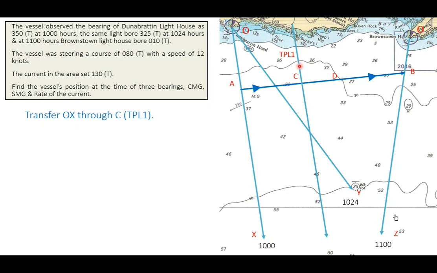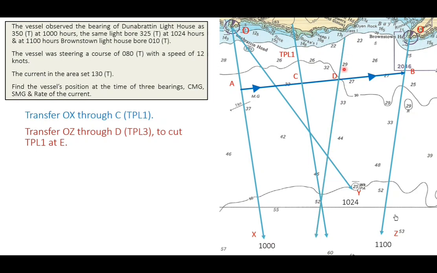Now we do the same thing with our third position line. We have to draw a line parallel to our third PL, that is OZ, which passes through point D, the Delta point. So the Delta point has already been identified in the previous step. I align my parallel ruler with the third PL OZ and transfer it to point D. You can see this parallel line.